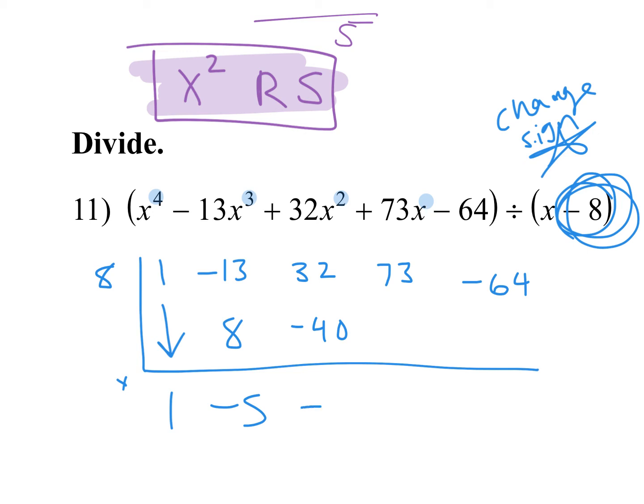Negative 8. 8 times negative 8? Negative 64. Negative 64. And 73 minus 64? 9. 8 times 9? 72.